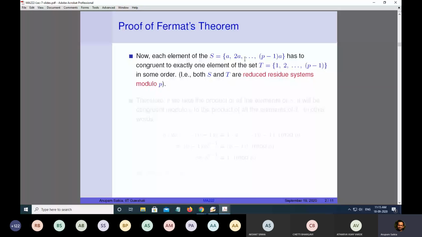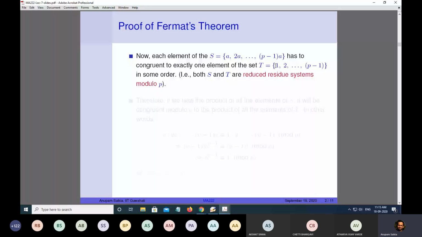And none of those remainders could be 0, because p is coprime to a, and p is also coprime to these coefficients, since we are going only from 1 to p minus 1. So the remainders will be from this set. So if I multiply, then that will be equal to this product mod p.